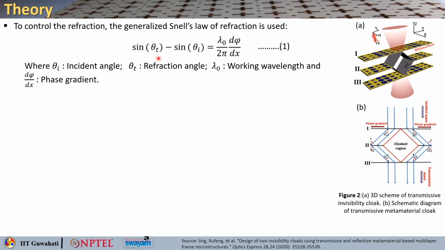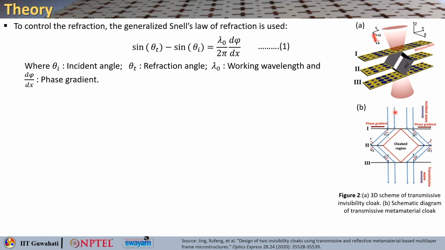So, you are not only dependent on Snell's law, you are basically using a generalized Snell's law of refraction. It can be written as sin theta t minus sin theta i equals lambda naught by 2 pi times dφ by dx. So, theta i is the incident angle, theta t is the refraction angle.